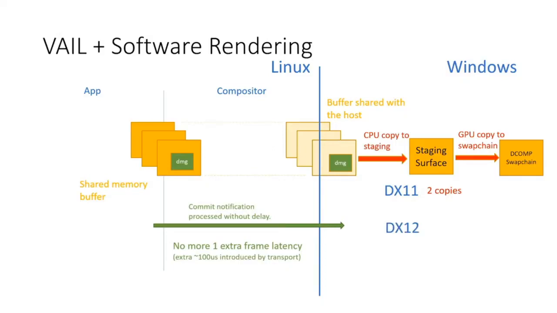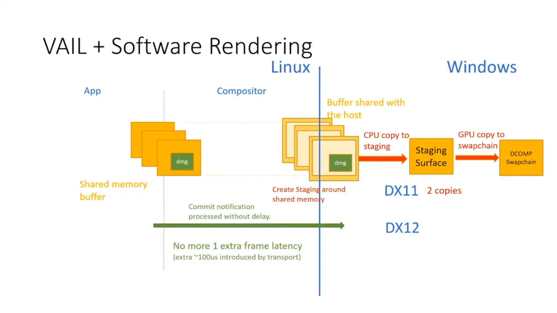If you have the X12, the X12 has this nifty little trick where it leverages support in VDMM to basically wrap surfaces around existing memory. So we can create a heap directly around the staging buffer that we receive from the guest, so we don't have to do that first copy.